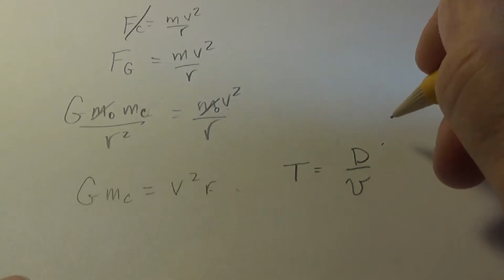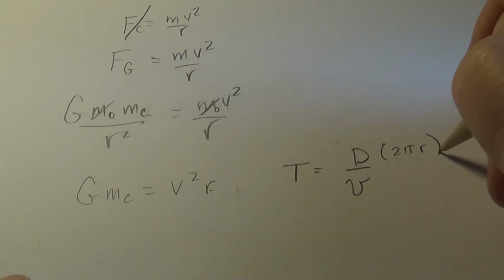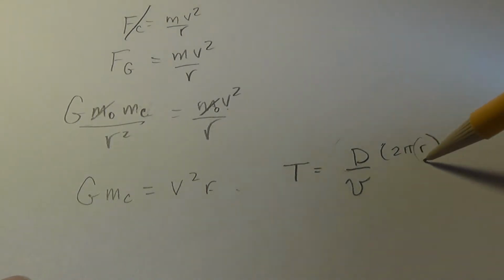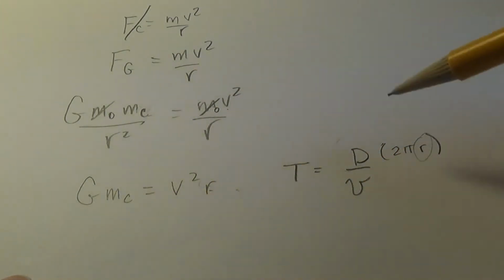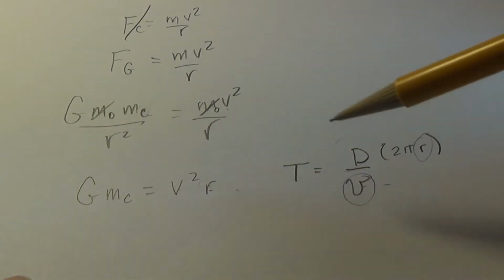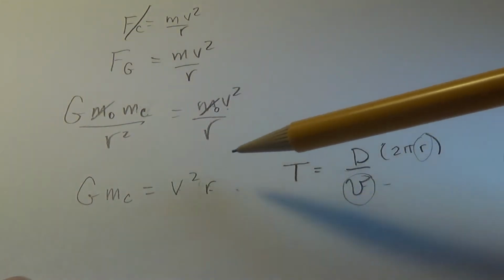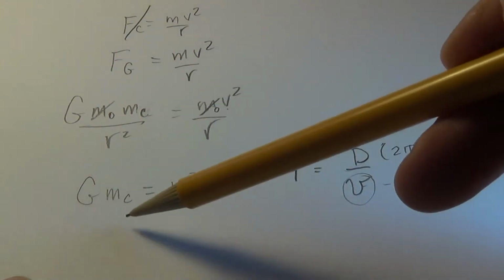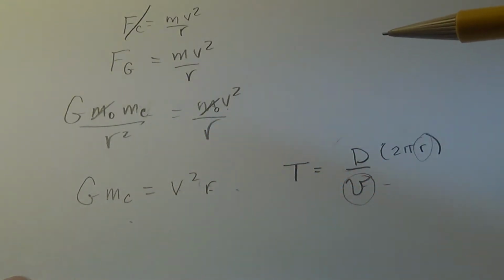The distance around one revolution we have to calculate with 2 pi r. Sometimes this r we have to find, and sometimes this v we have to find. It all depends what's given and what's asked for, but somewhere between these two formulas will answer all of the questions.